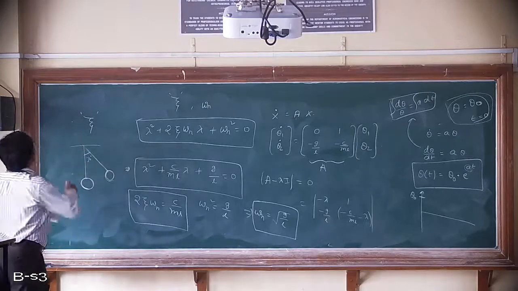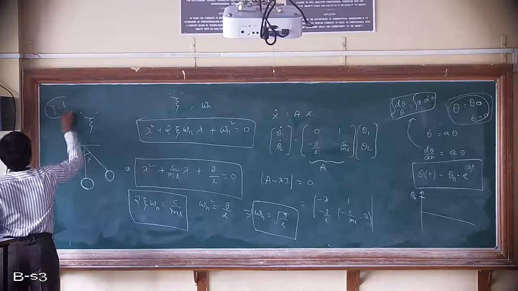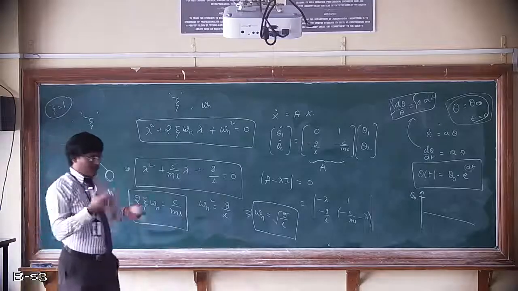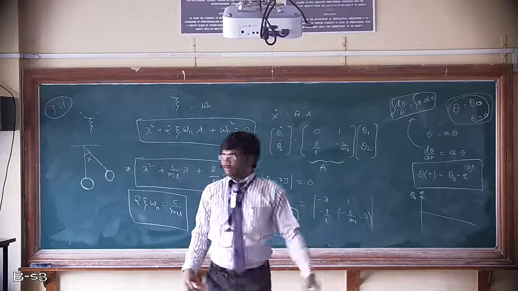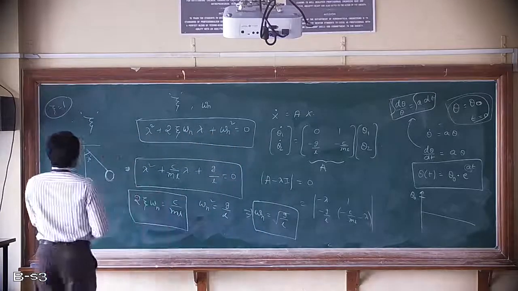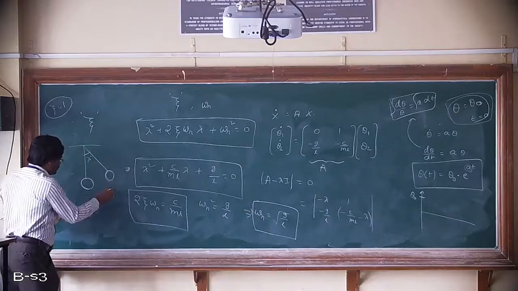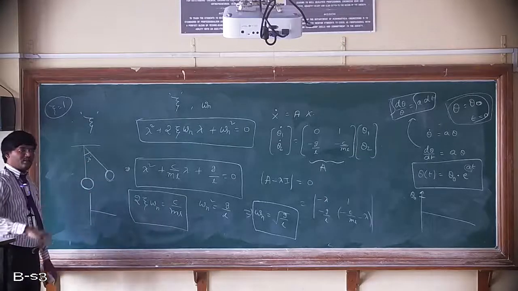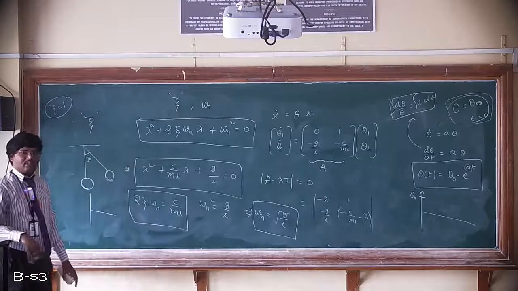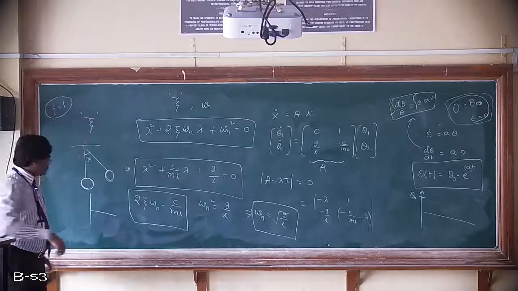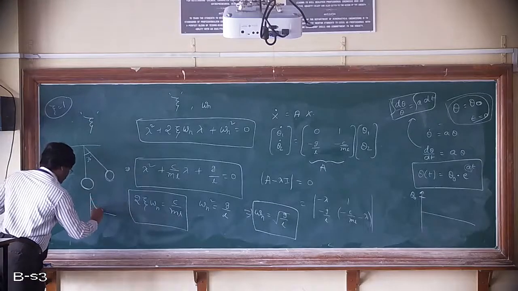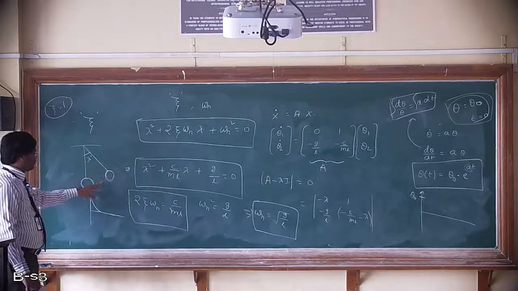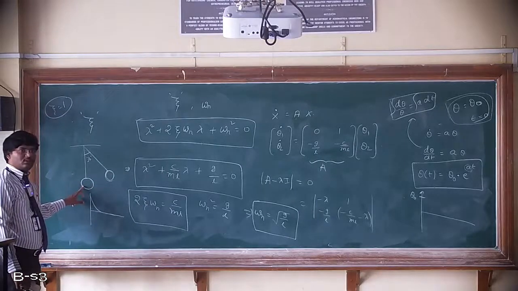So damping ratio zeta is 1, that is nothing but the damping coefficient is the critical damping coefficient, right? So you are using critical damping coefficient, so slowly it will come to the initial position. Gradually, with respect to time, it will come to initial position.